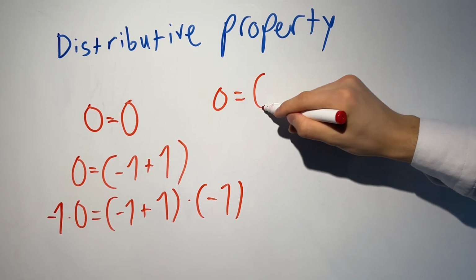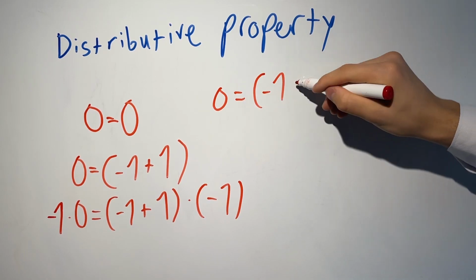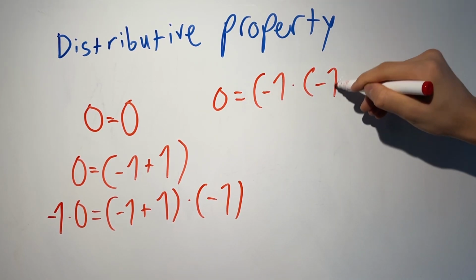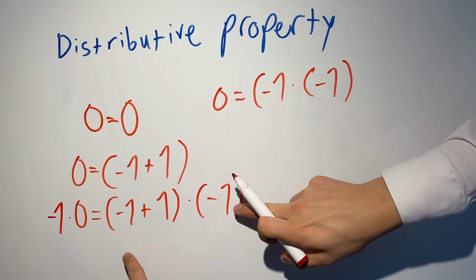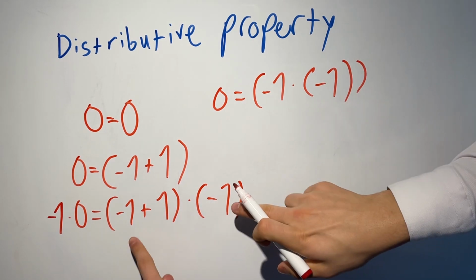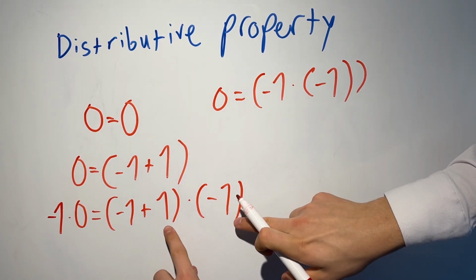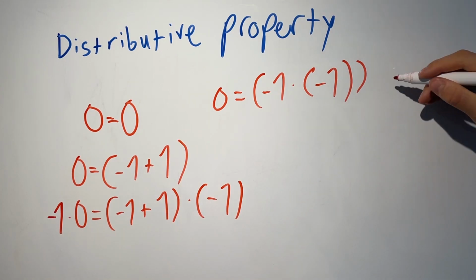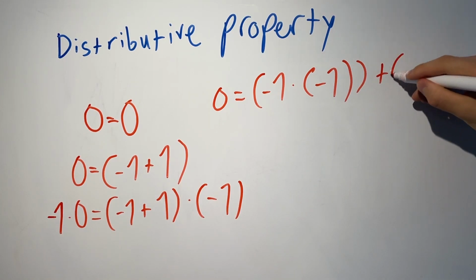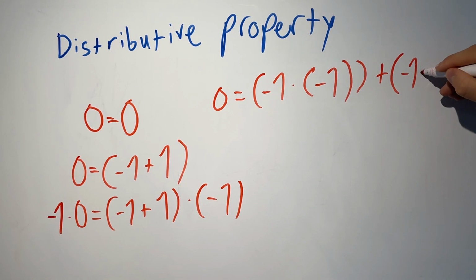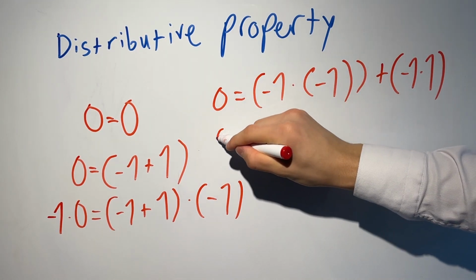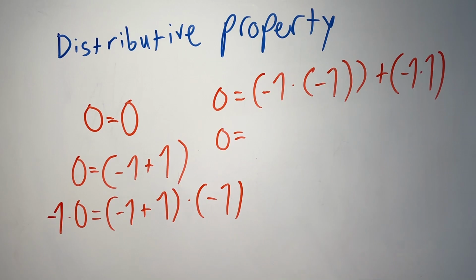So first thing we can do is times negative 1. This comes from here, and oops, one more here. Then we can multiply these two, plus negative 1 times 1. Okay, let's keep going. 0 does not change, equals.